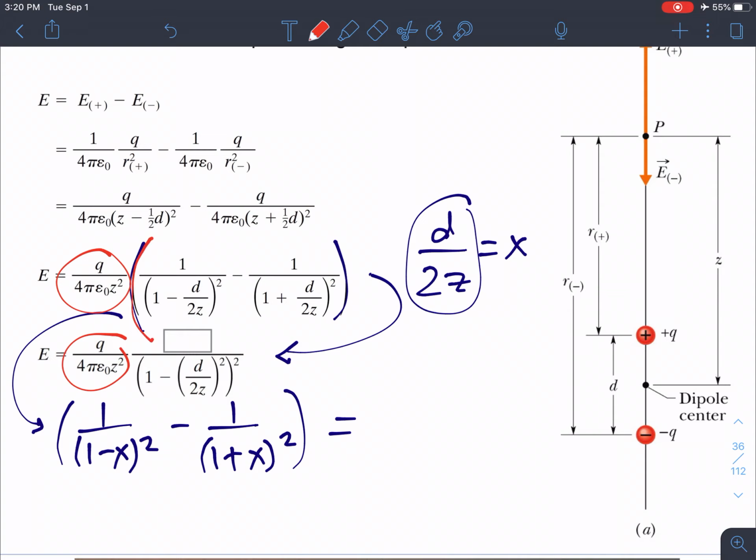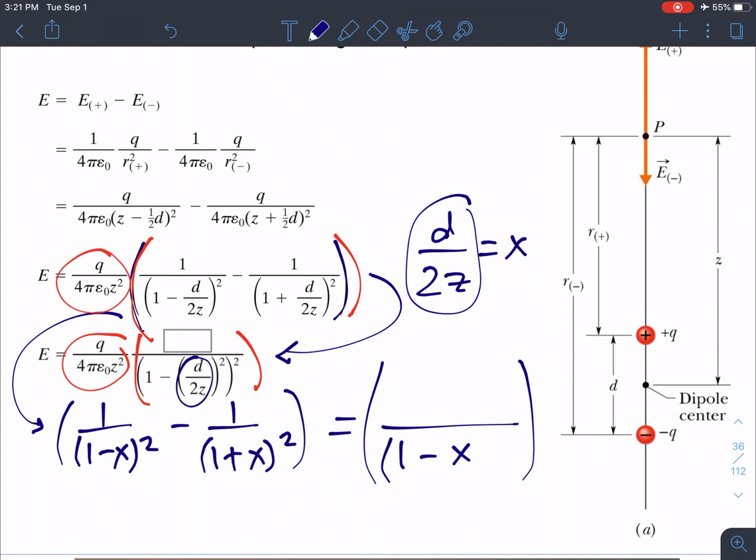This whole parenthesis here turned into this. Okay, so let's find out what goes in there. So this becomes 1 minus x, this is x as I define it, square, parentheses, square.